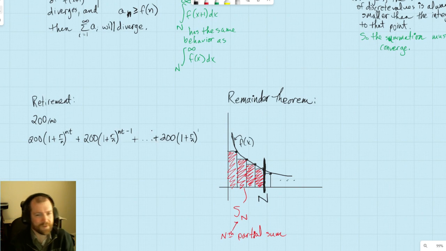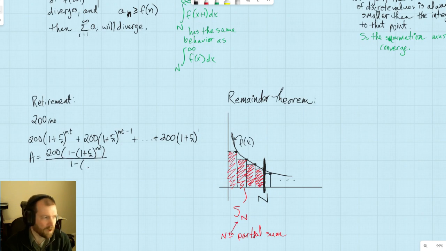So when you flip it around and you're adding an increasing geometric sum, the total amount at the end is going to be your 200 times 1 minus r to the n, where the amount being multiplied is (1 + r/n), raised to the exponent you have at the end, so that's nt, divided by 1 minus r, which is 1 + r/n, which is the financial formula that we learned.